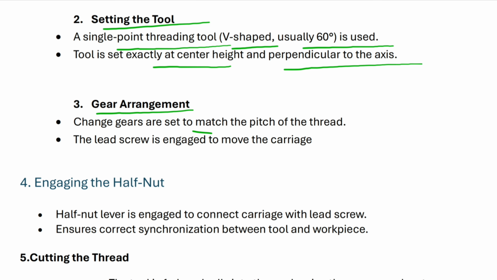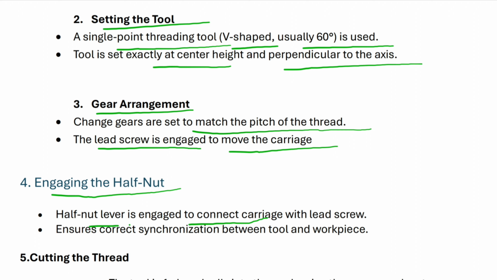We change the gears to match the pitch of the thread and set the proper pitch. The lead screw engages with the moving carriage. The next step is engaging the half nut lever, which is connected to the carriage with the lead screw, to ensure correct synchronization between the tool and workpiece.